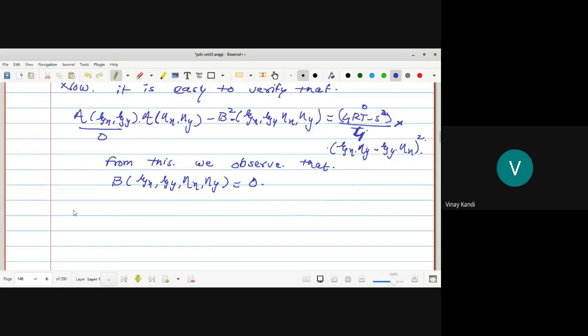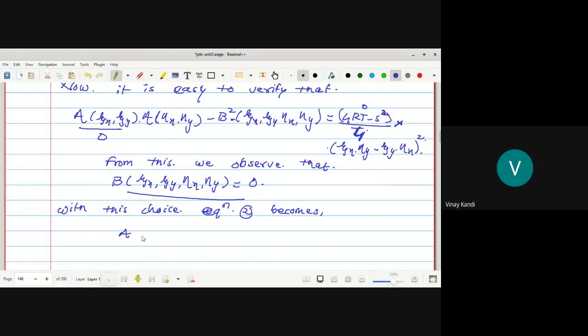Okay, with this choice we observe that equation number 2 becomes, put the value of this one in equation number 2.